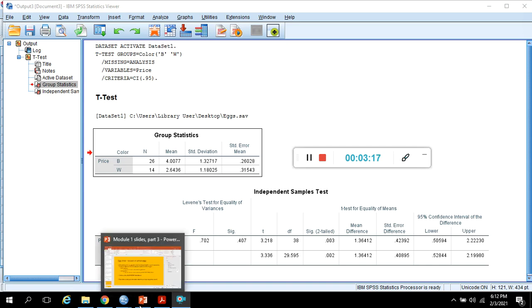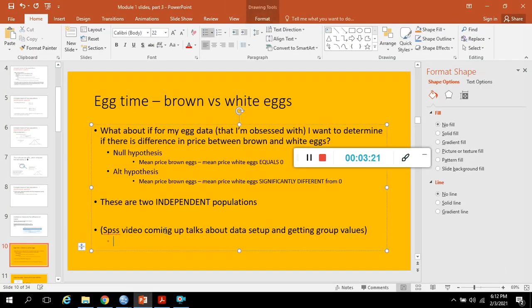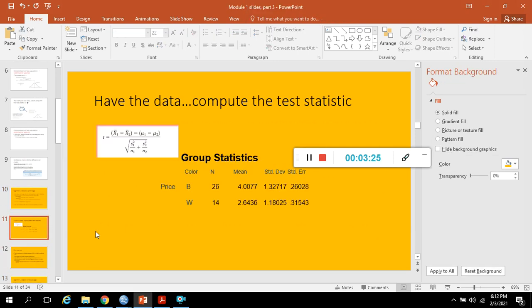If we did the formula for that, I don't think I actually hand calculated it. Right here is the formula that the test statistic would use. It would be the brown mean minus the white mean, and then the hypothesized difference of means would be 0. So the numerator would be like 1.36. Then it would be divided by the square root of this thing here that I'm too lazy to calculate.